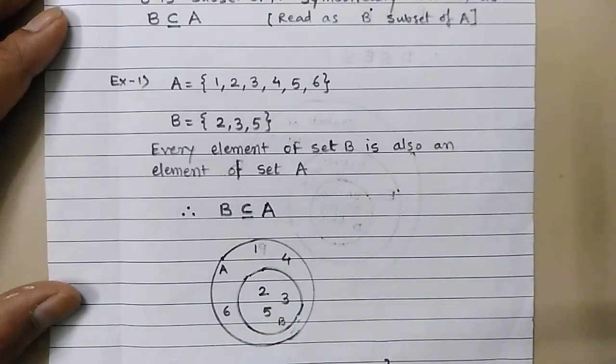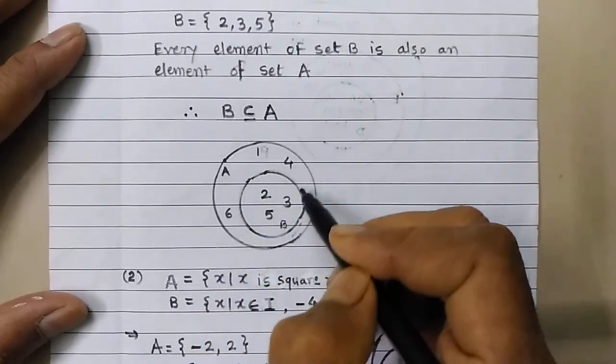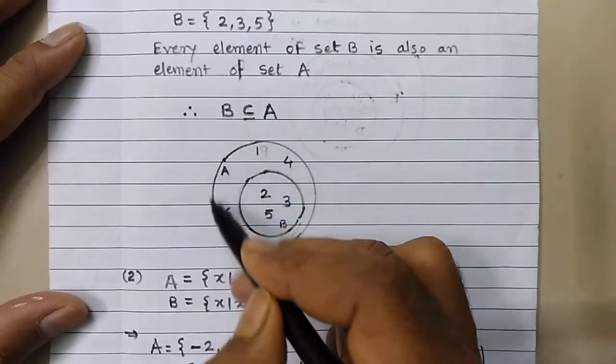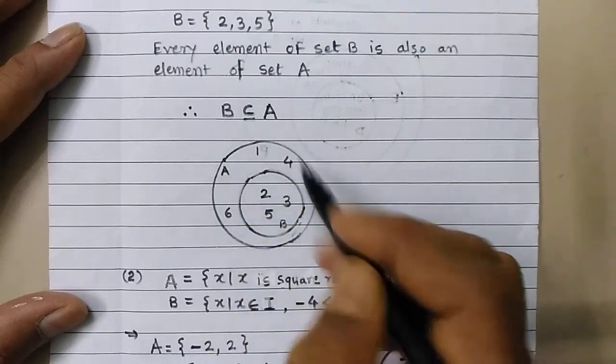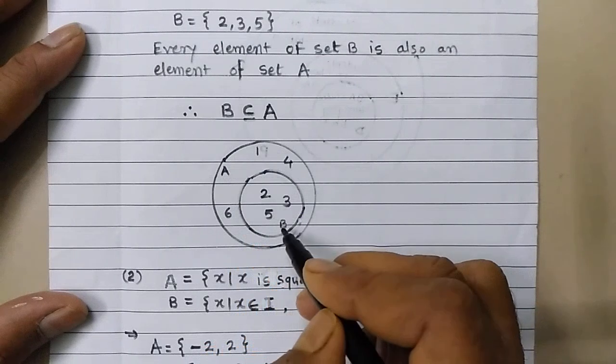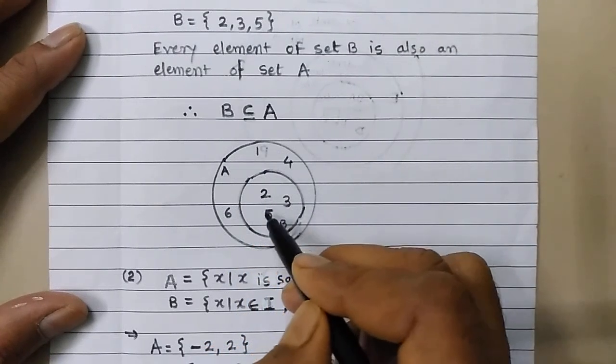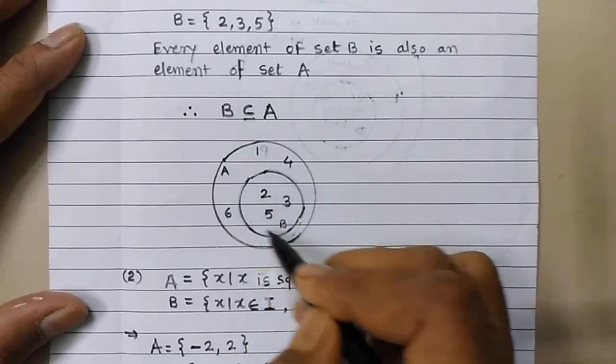Now we represent this subset relation by Venn diagram. Now I am showing you the Venn diagram here. This bigger circle represents the set A and the smaller circle represents the set B. In set B, the elements 2, 3, 5 are written here.